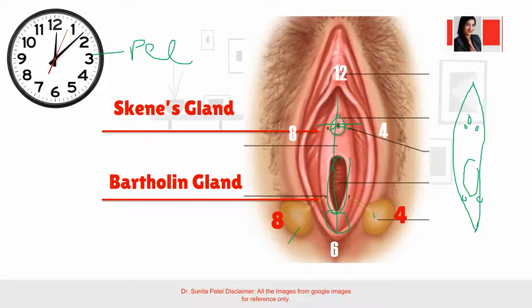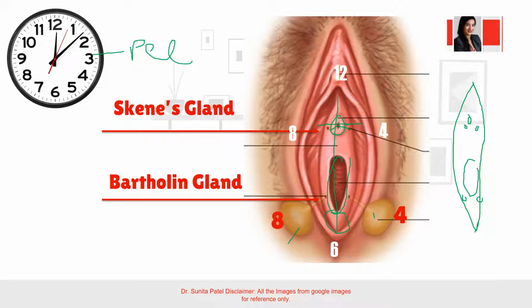You will find small openings, very small, minute openings. These are the openings of the gland which is present beneath. Which gland is present beneath that? The bulb of vestibule. That is a big gland, sponge-like tissue. They secrete a liquid, and that liquid keeps coming out from these glands.